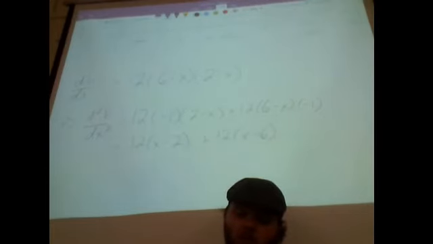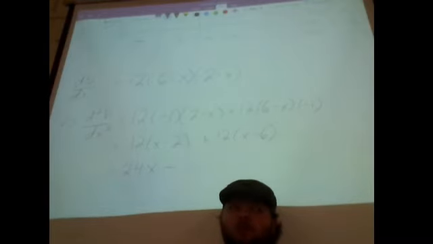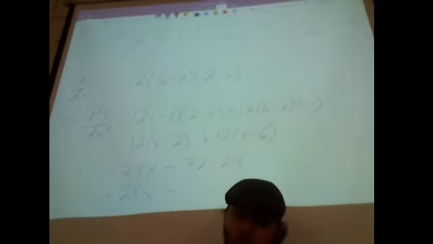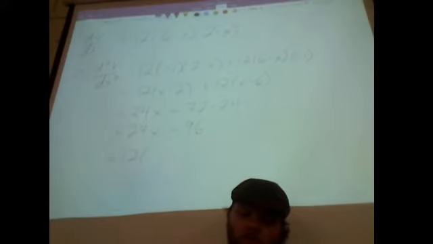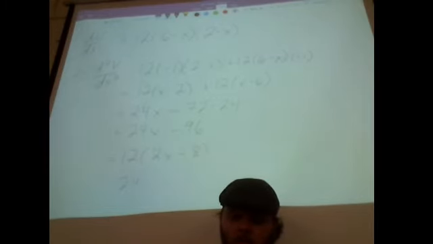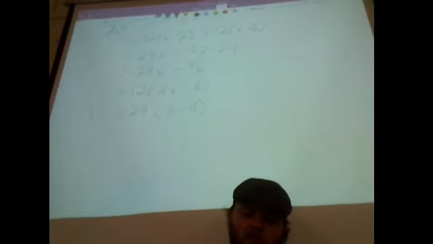Or 24x minus 6 times 12 is 72, 2 times 12 is 24, so 72 and 24, or 24x minus 96. Okay, so that's my second derivative, V double prime.